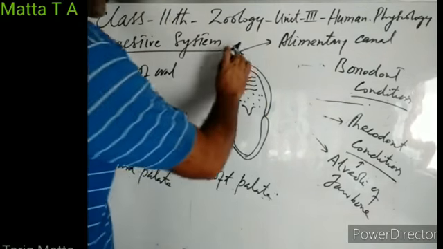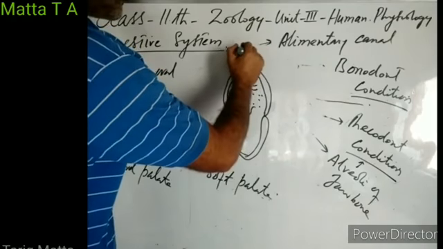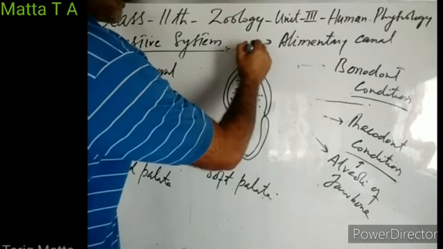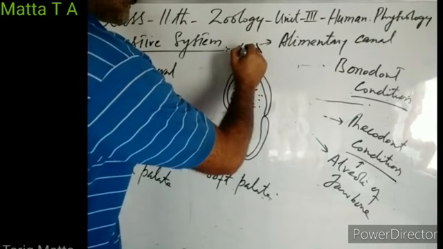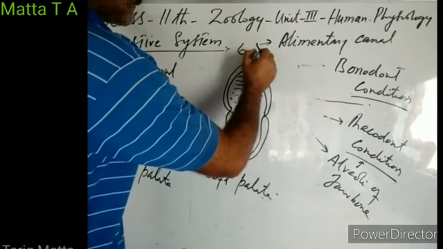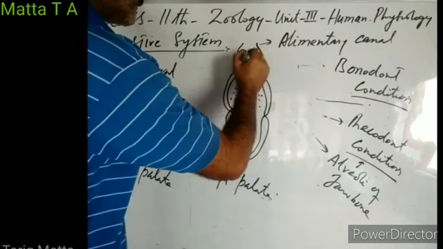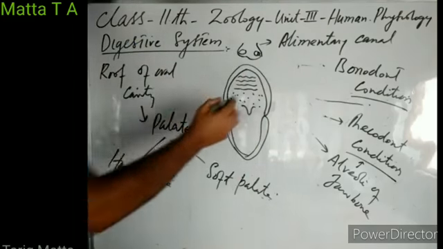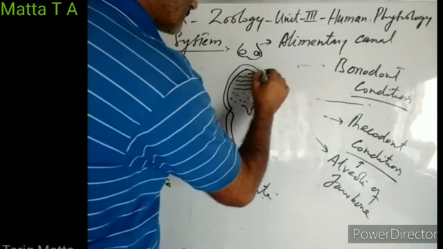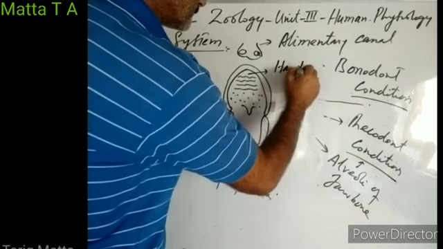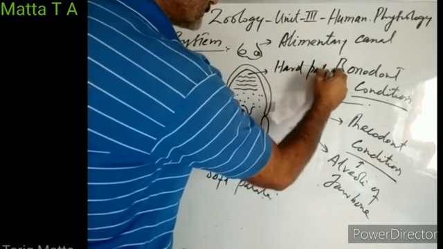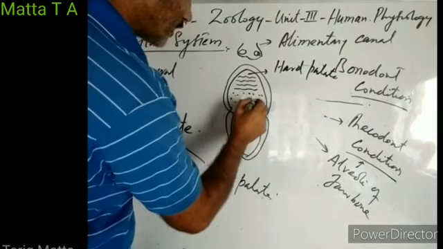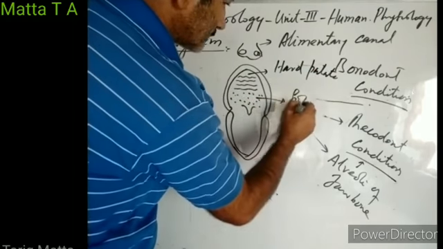So this is the upper part of the palate. Then we have got the nose. This is known as hard palate. And this posterior part of the palate, it is known as soft palate.